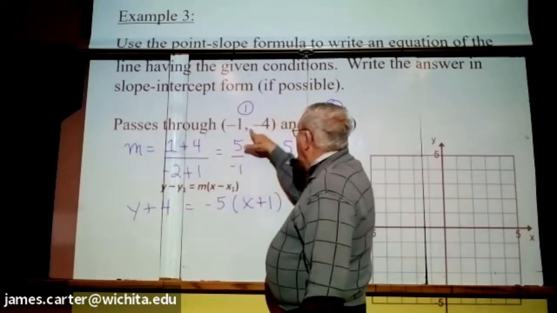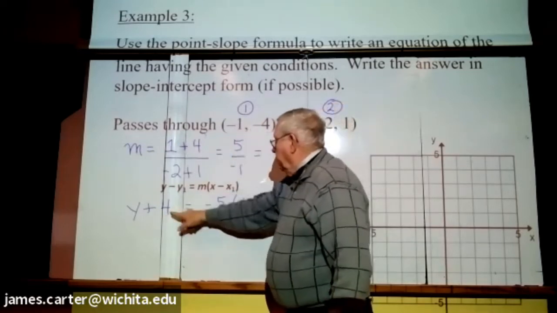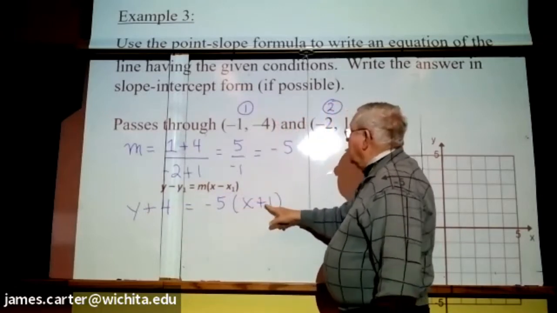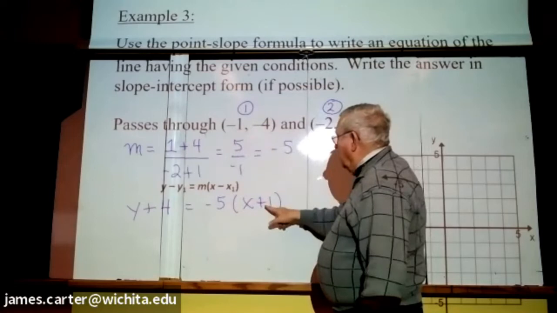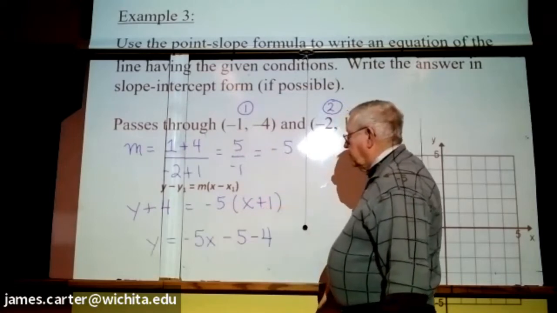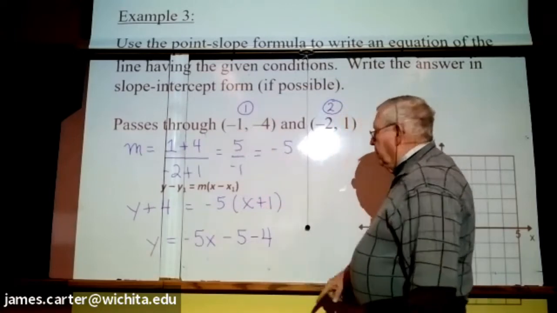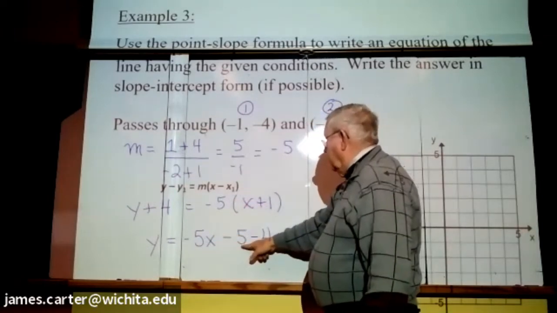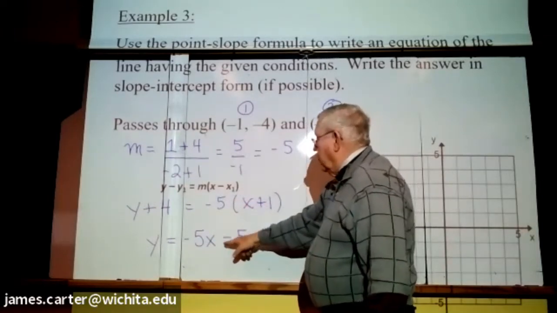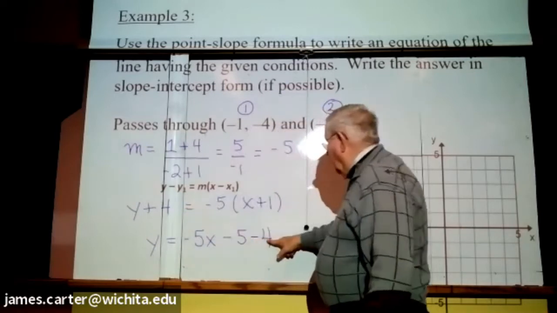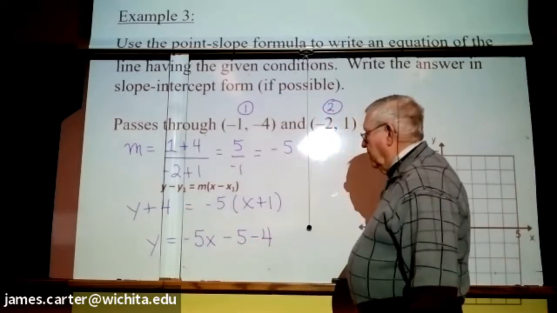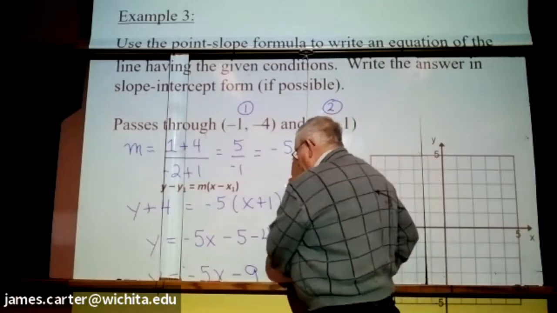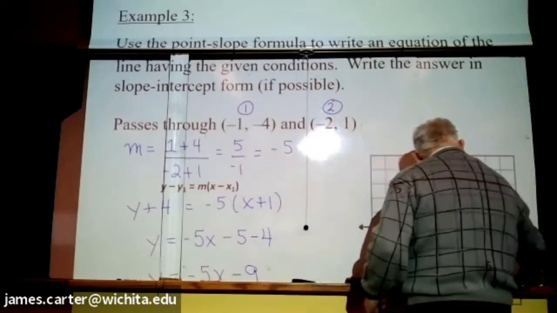So y minus -4 equals -5, our slope, times x minus -1. That simplifies, we distribute the 5, get the -5x minus 5, and then we move the 4 to the other side. That gives us y equals -5x minus 9.